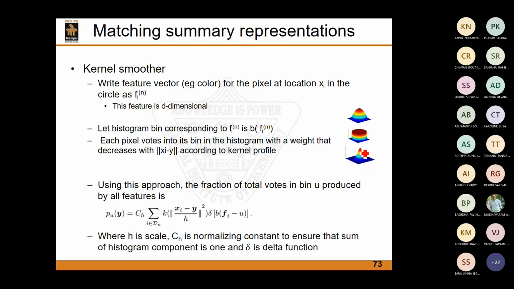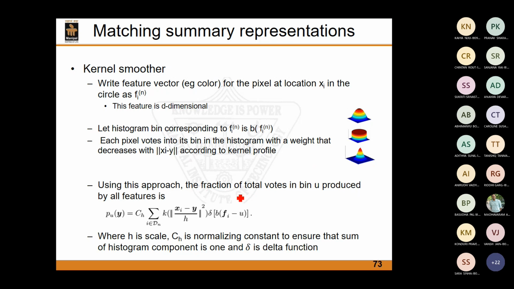So this would be the kind of weighted averaging, or the weights that we give to different pixels for the contribution to the PDF with respect to their distance from the center. So each pixel votes into its bin in the histogram with a weight that decreases with the distance xi minus y according to the kernel profile. It's basically the same thing, we're just assigning a weight over here.